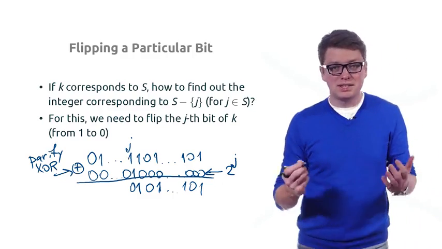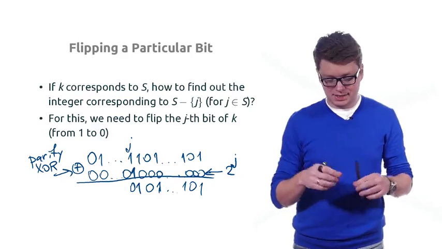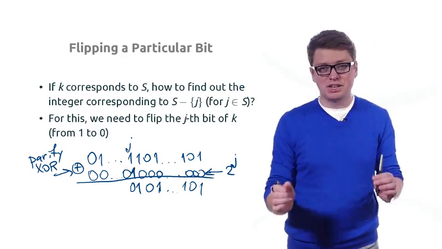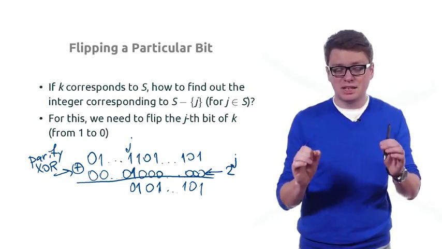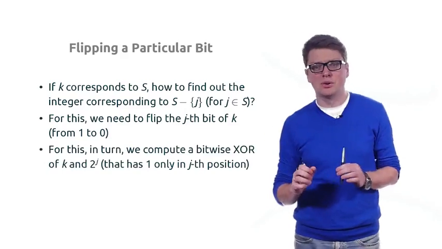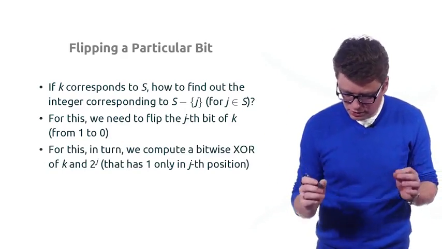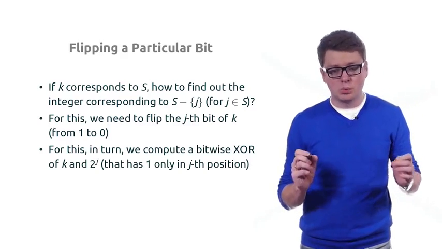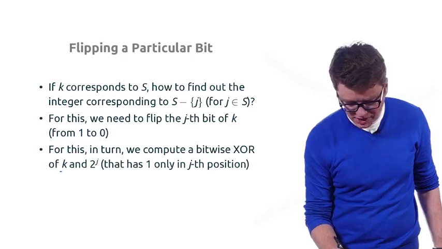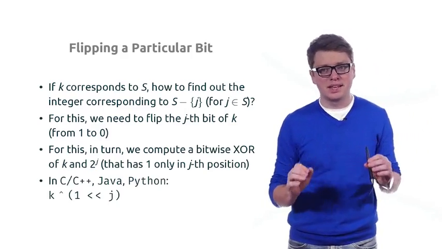Indeed, this 1 in the j-th position means that the decimal number corresponding to this binary number is just equal to 2 to the j, right? Now let's write this down. In order to flip the j-th bit, we need to compute the bitwise XOR of k and 2 to the j. And finally, this is how it can be done.